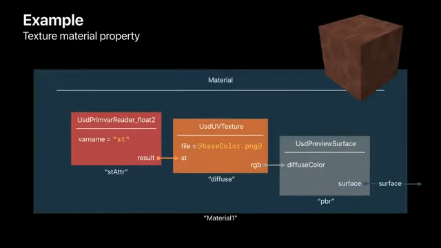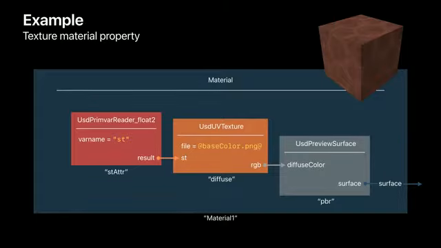Next, let's take a look at a slightly more complicated example of a texture assigned to the diffuse color channel. We will need a mesh attribute reader for the texture coordinates. That's the red shader node. A texture sampler for the texture that we want to apply. It's the orange one.